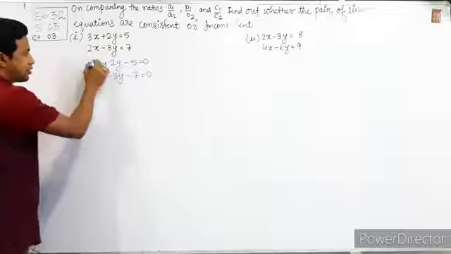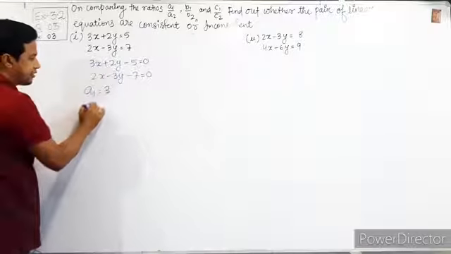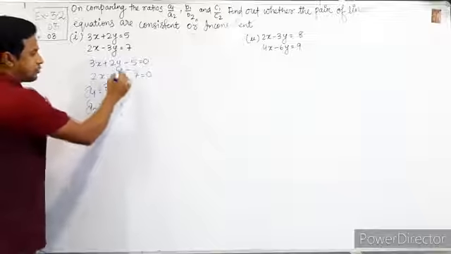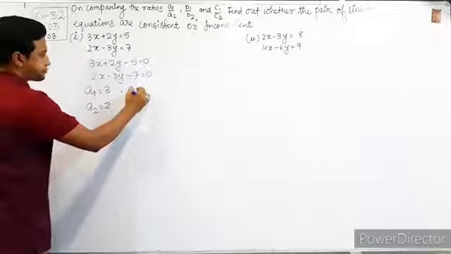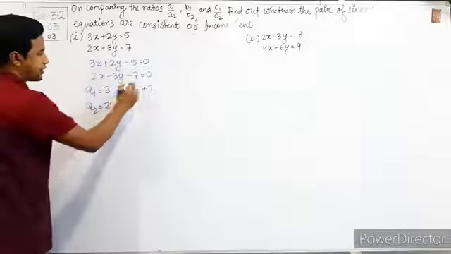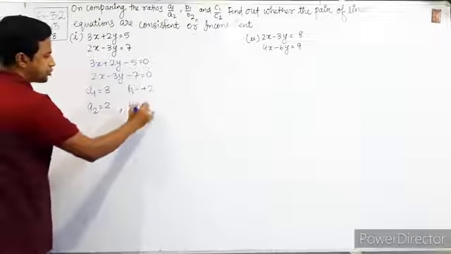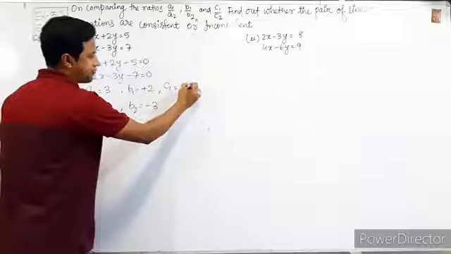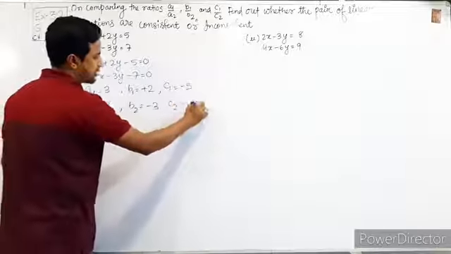a1 is the coefficient of x, that is 3. a2 is also the coefficient of x, that is 2. Similarly, b1 is the coefficient of y, that is 2, and b2 is equal to minus 3, and c1 is equal to minus 5, and c2 is equal to minus 7.